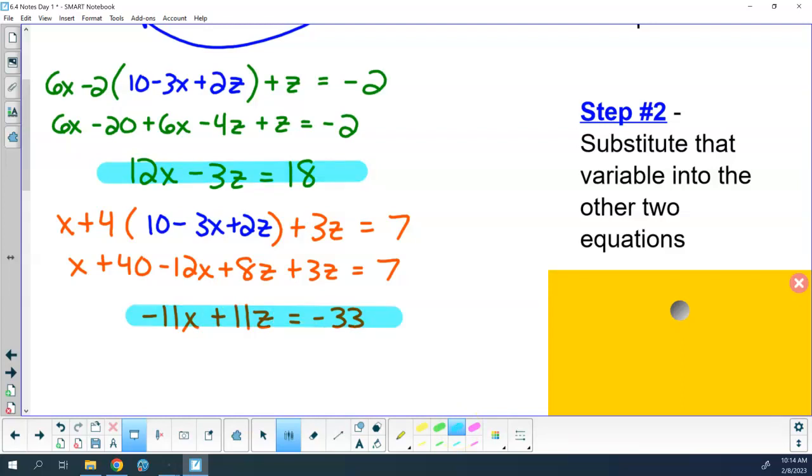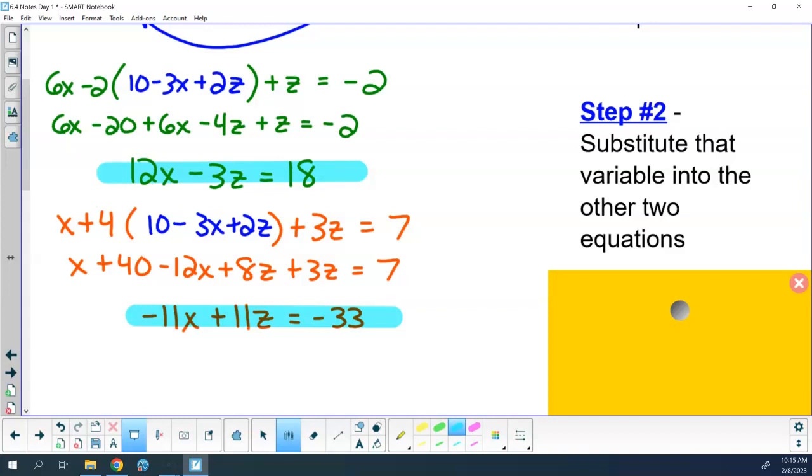What do you notice that you have now? Only x's and z's, right? Yeah. 2 equations, with only 2 variables.